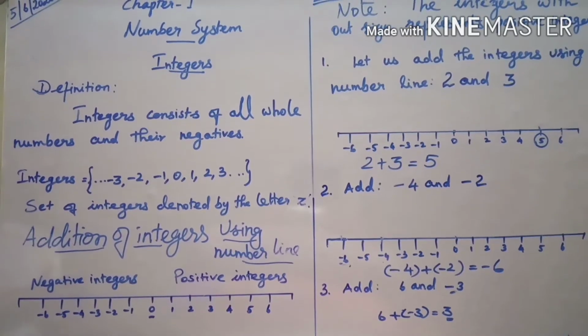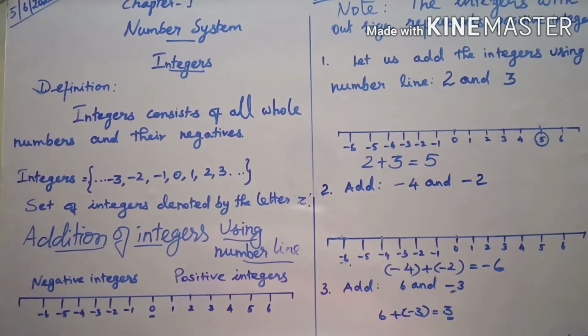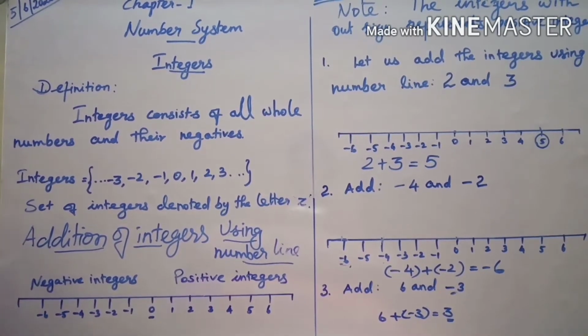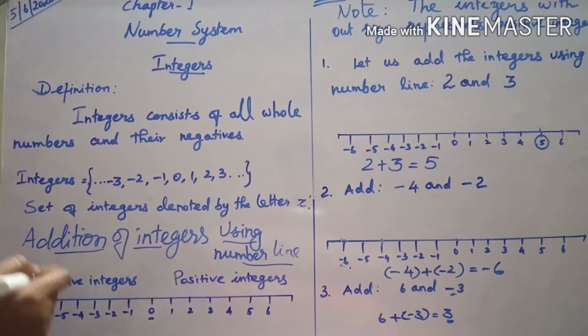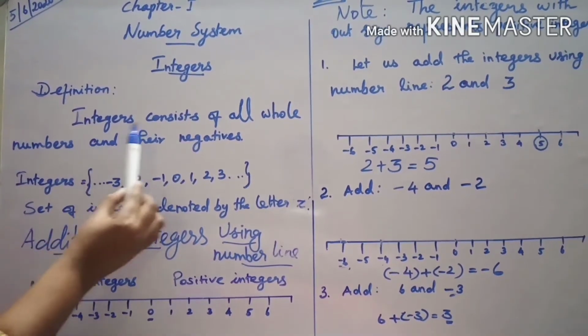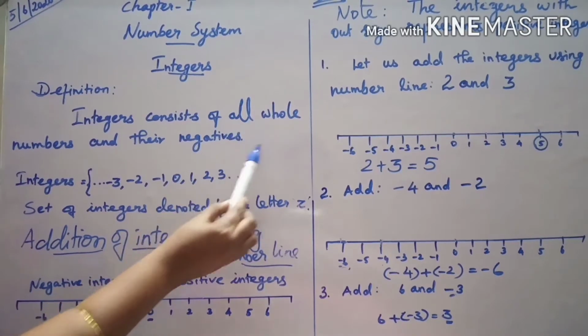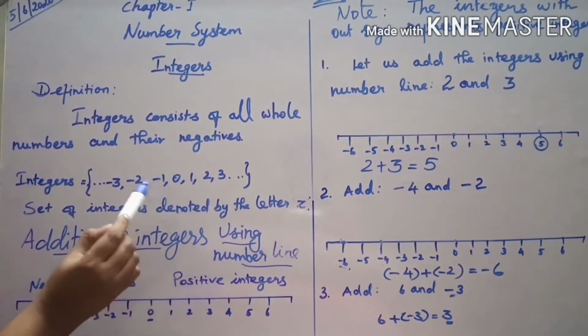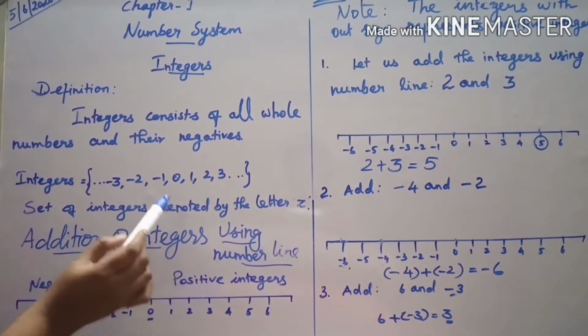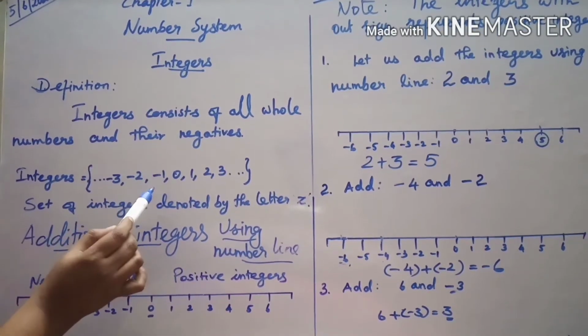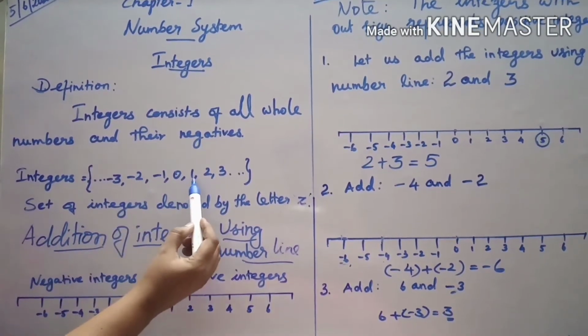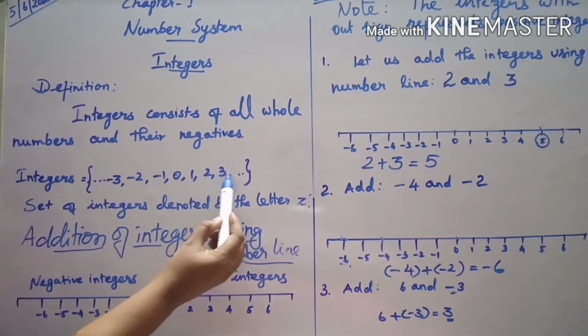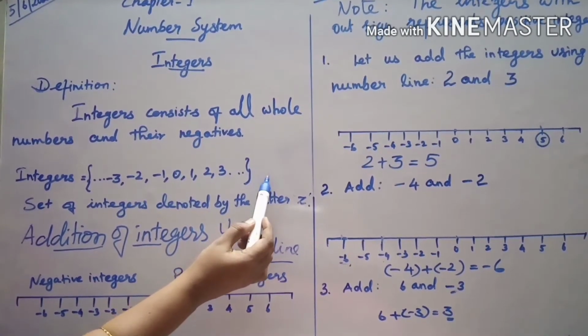Now I will go with definition. Now, chapter 1 number system, integers, definition. Integers consist of all whole numbers and their negatives. Already we learned in 6th standard natural numbers, whole numbers under this, isn't it? Set of numbers 1, 2, 3 are called natural numbers.